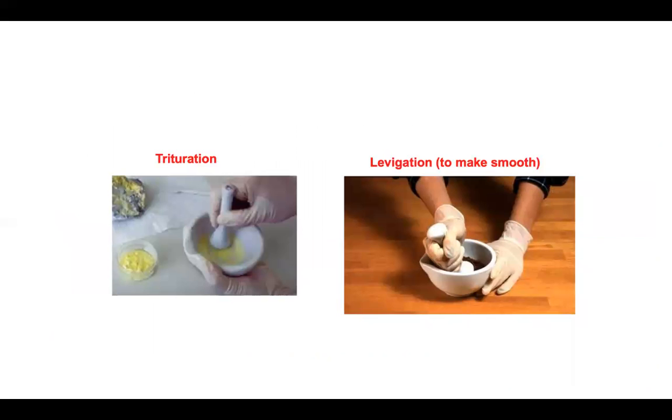Very slowly you move the pestle clockwise in one direction, not haphazardly, in the mortar. Trituration must be done very slowly in your mortar and pestle. Levigation is further done to make the powder smooth. These are also processes related to trituration.